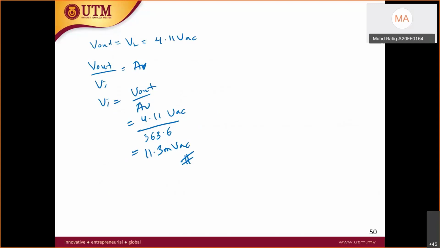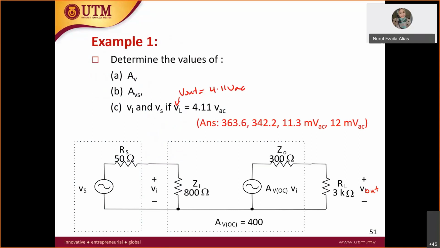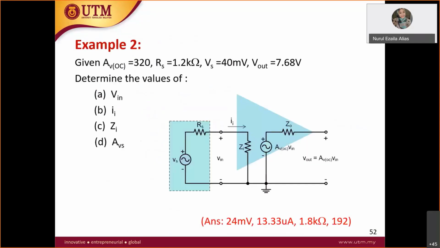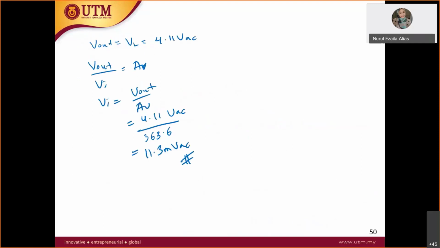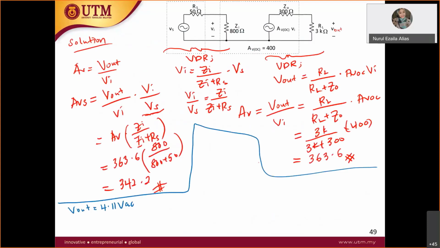Now you have done the V in part. Now they want you to calculate VS. You have V out over VS equal to AVS. Why do we use AVS? Because you have calculated the value for AVS.